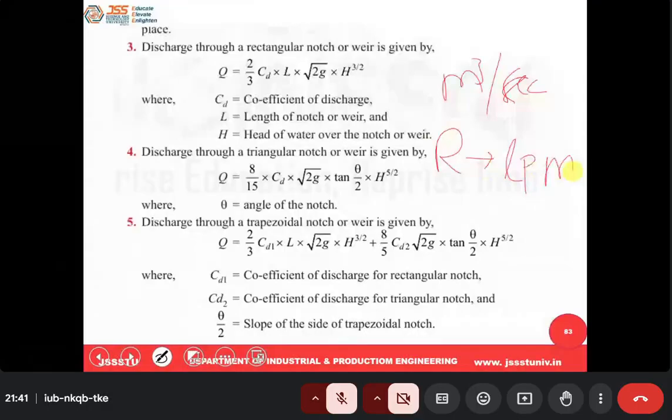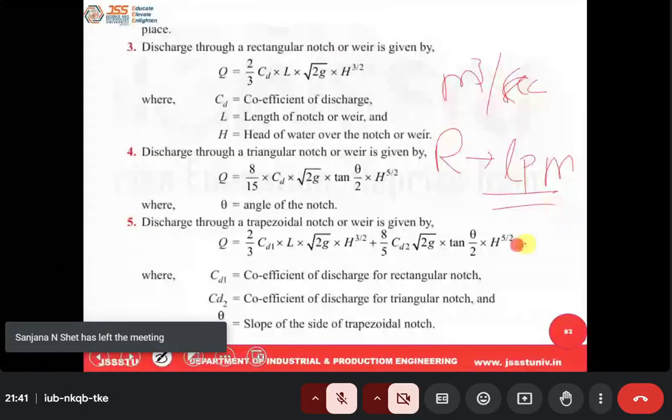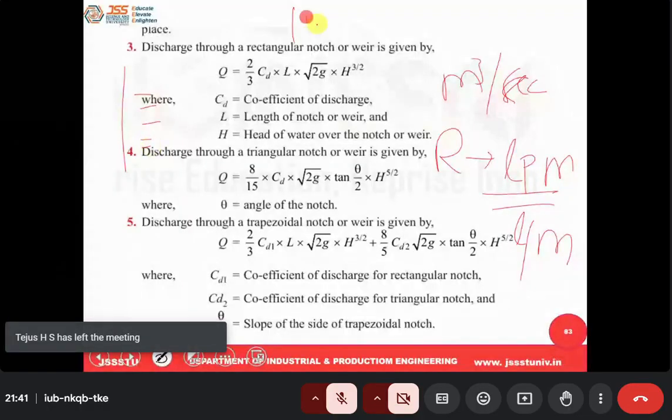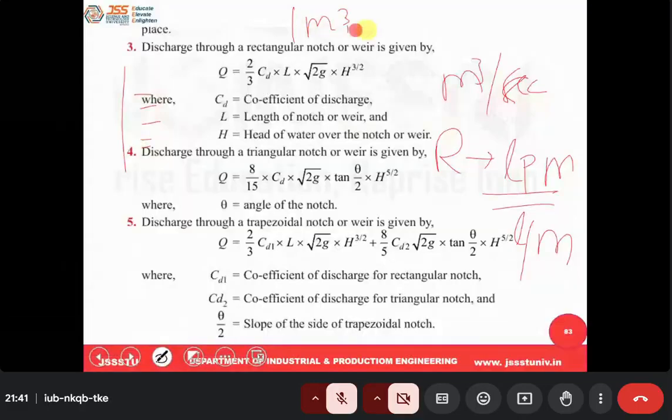LPM stands for liter per minute. With a rotameter we can directly get that LPM value. Then we can convert it into meter cube per second. Do you know one meter cube is equal to how many liters? One meter cube equals 1,000 liters. So like that you can convert it.